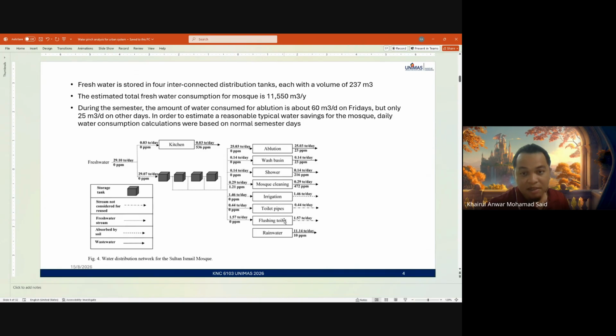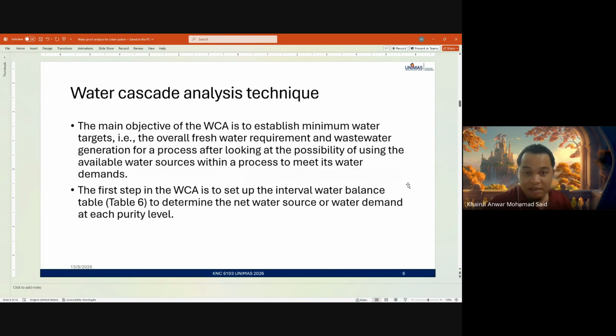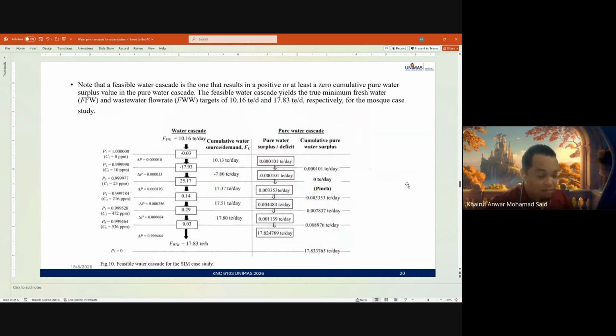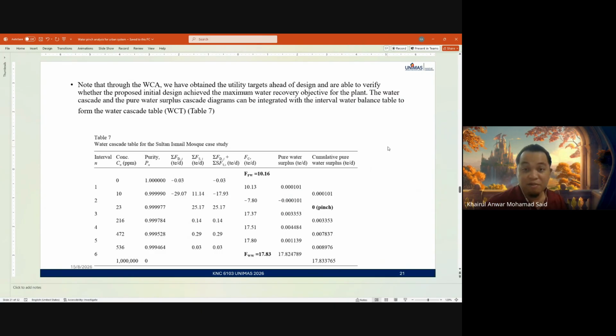It's a lot, 25 plus 14. So the amount of fresh water is now reduced to 10. How about if we do the regeneration? It can be reduced to much lower, 4.2.